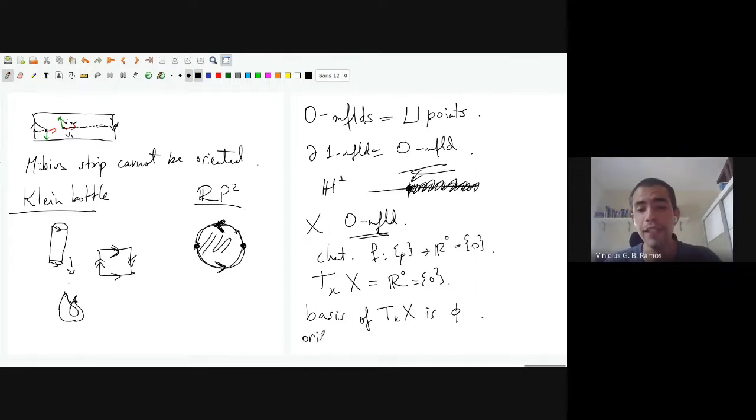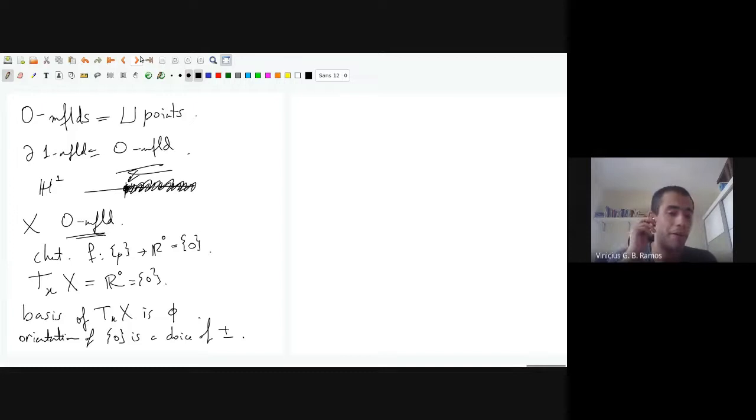So an orientation of the zero vector space is a choice of plus or minus. We're going to say this zero-dimensional space is positively oriented or negatively oriented. So now we can talk about points as being zero manifolds which are positively oriented or negatively oriented.